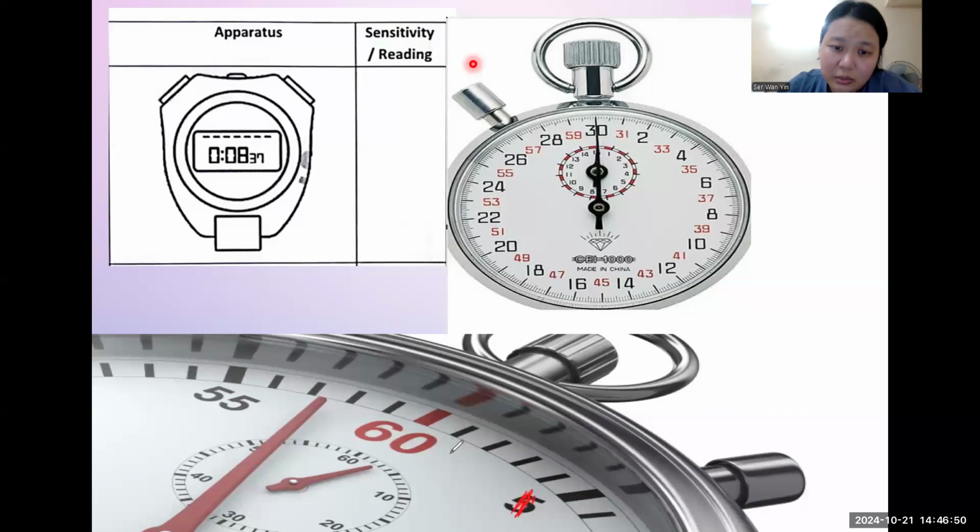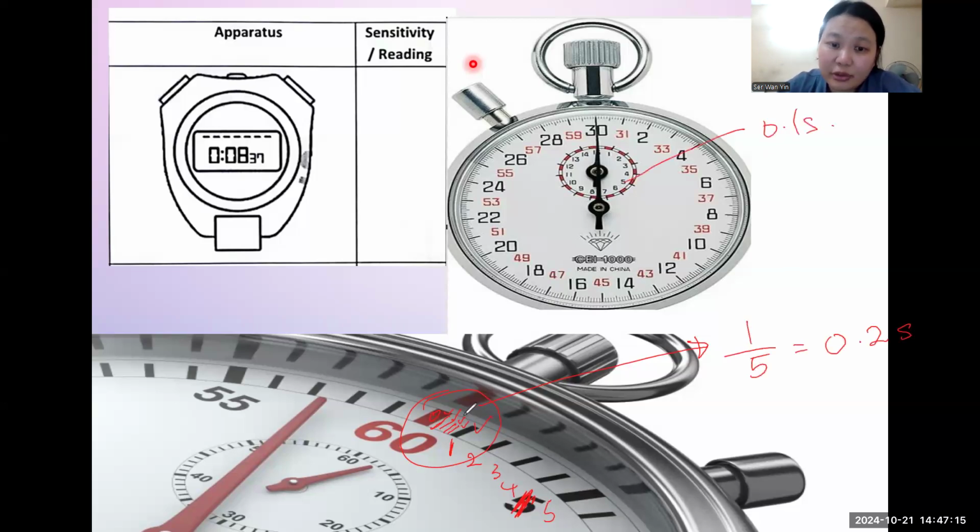This is 1, then this is 5. 1, 2, 3, 4, 5. And here 1, 2, 3, 4. So 0, 1, 2, 3, 4, 5. So for this kind, 1 divided by 5 means the smallest scale is 0.2 second.